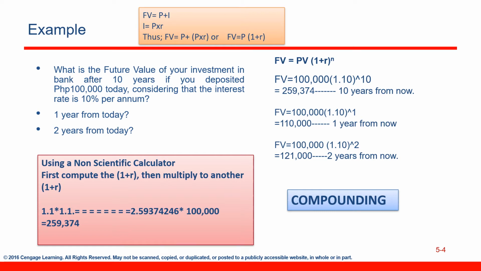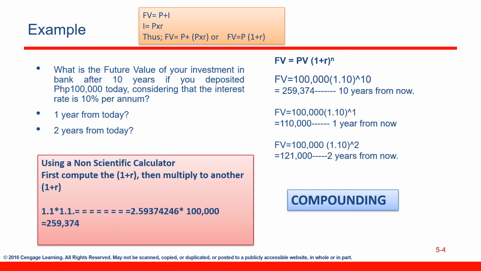So let's look using our formula. PV times (1 plus R) raised to the n power. So our future value is equal to 100,000. This is your present value. Ito yung payment mo. Ito yung deposit mo ngayon. I-deposit mo on the bank, 100,000. 1 plus R, the rate is 10%. So 1.10.